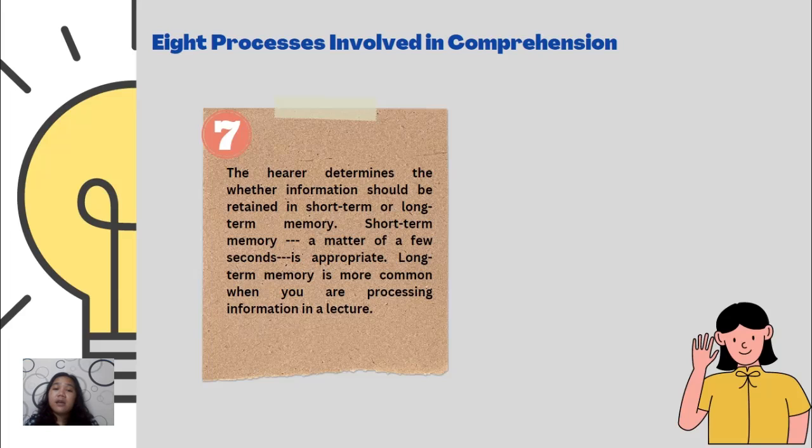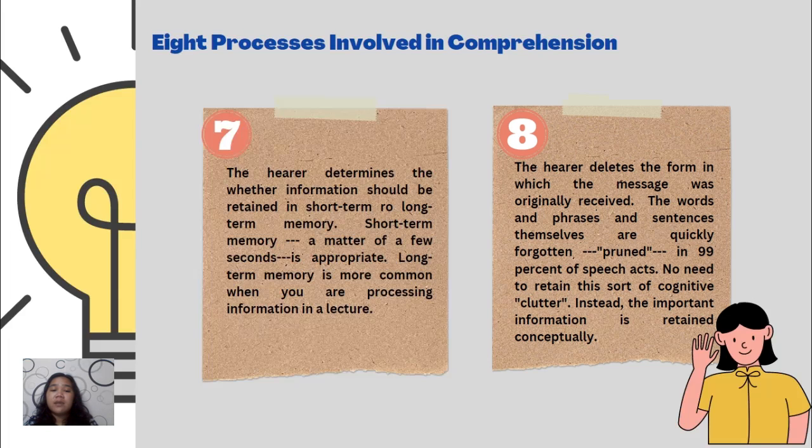So for our last process, the hearer deletes the form in which the message was originally received. The words and phrases and sentences themselves are quickly forgotten or pruned. That is in 99% of speech acts. So no need to retain the sort of cognitive clutter.